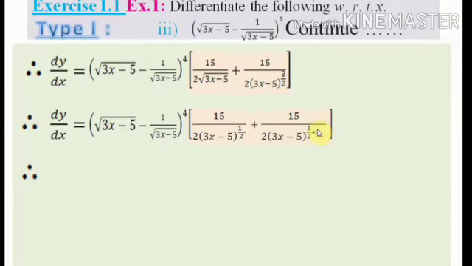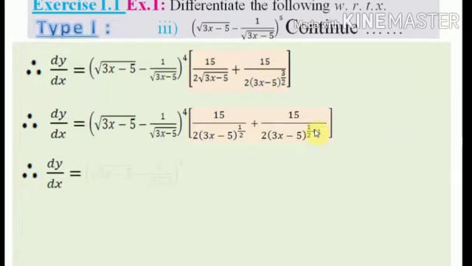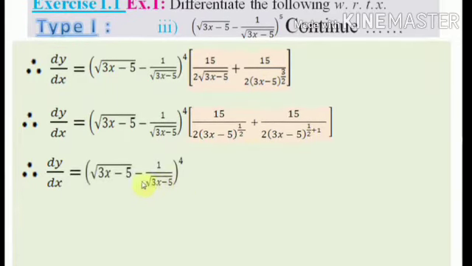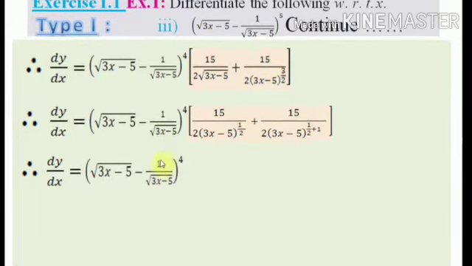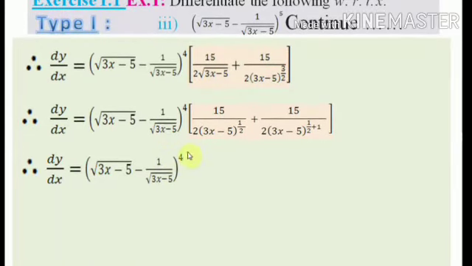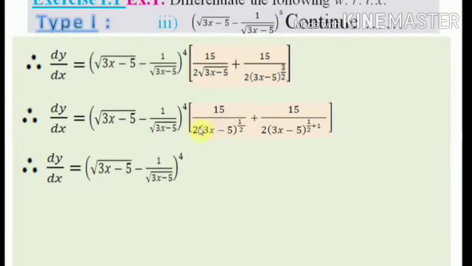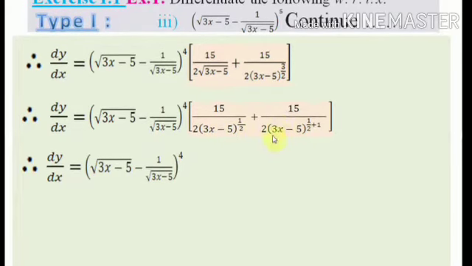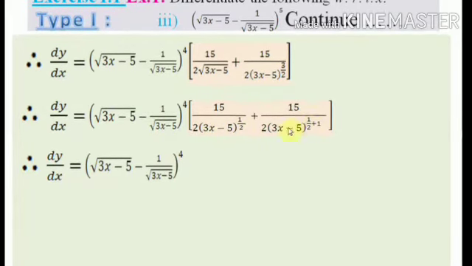Therefore dy by dx equals the first term into the bracket, again here (3x minus 5) raised to 1 by 2 and (3x minus 5) raised to 1 by 2.